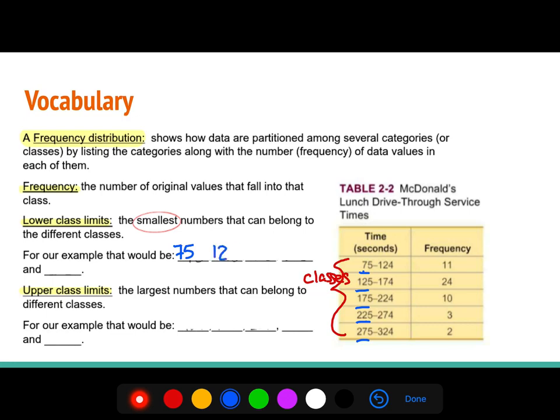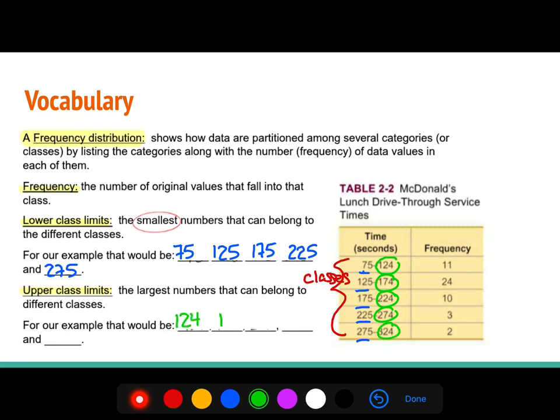The lower class limits are the smaller numbers that belong to the classes. Those are the first numbers, which are 75, 125, 175, 225, and 275.